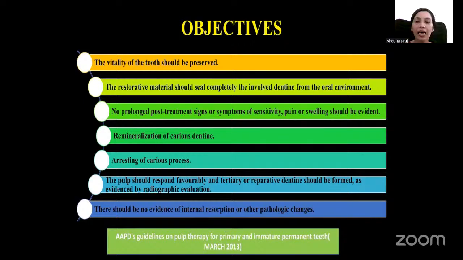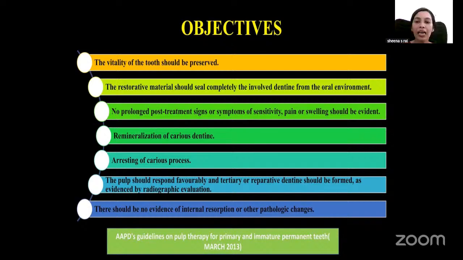So I hope you understood the objectives of both direct and indirect pulp capping. It is almost the same. There should be no pathological changes and no signs. In direct capping, the pulp is exposed by a mechanical injury or during cavity preparation, etc. The exposure should be much less than 1 mm, and there should be sterile dentine present around the exposed pulp.